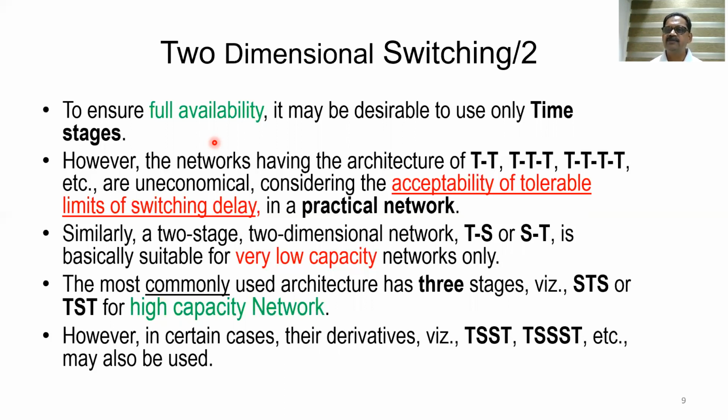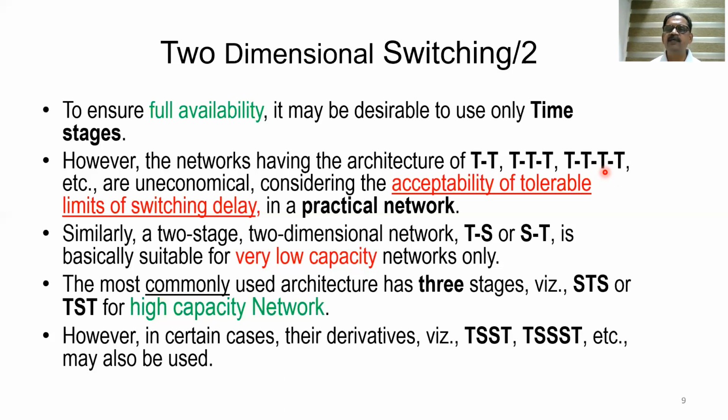For one time switch, the maximum possible delay or worst scenario is 121 microseconds. Suppose you have 4Ts, a 4-stage time switch, all 4 stages are time switches only. So the worst scenario can be 121 into 4. So much delay will be there, that is 484 microseconds.